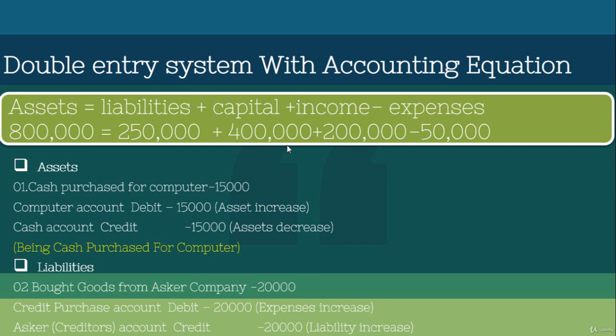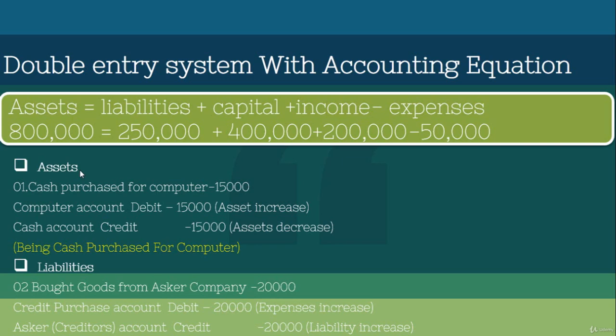Now we are going to look at one illustration. This is the accounting equation: assets equal liabilities plus capital plus income minus expenses. The opening balance is 800,000 assets, 250,000 liabilities, 400,000 capital, 200,000 income and 50,000 expenses.